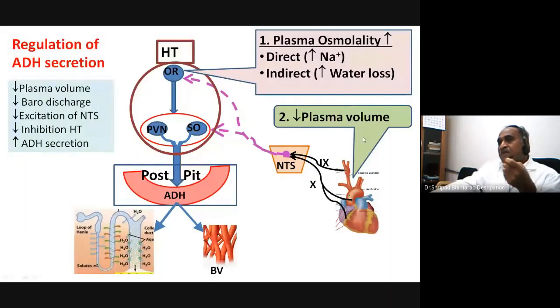So now coming back to the plasma volume. If there is a decreased plasma volume, here is a condition in which there is a blood loss. The person has lost blood, hemorrhage. If there is a decreased plasma volume or blood volume, what happens? This blood volume is sensed by the baroreceptors present in the atria, ventricles, the great vessels, the arch of aorta, and the carotid sinus.